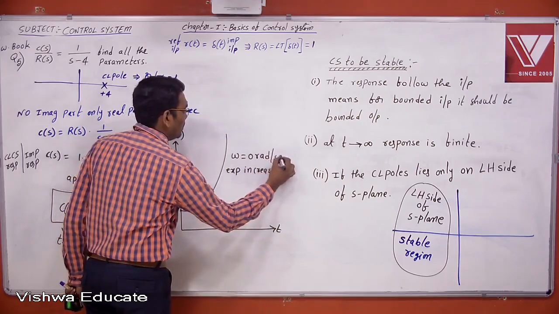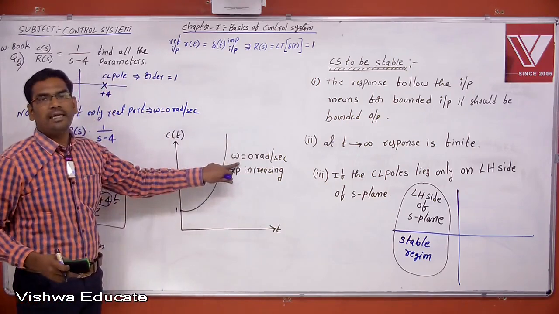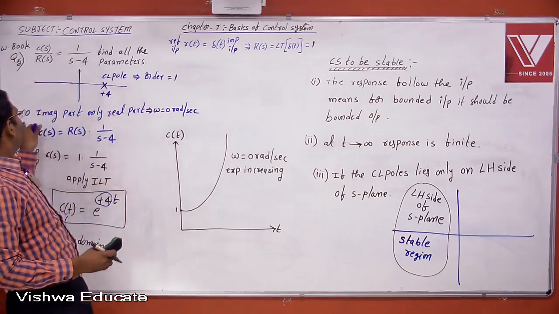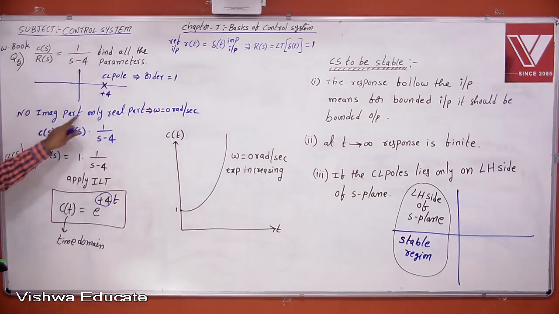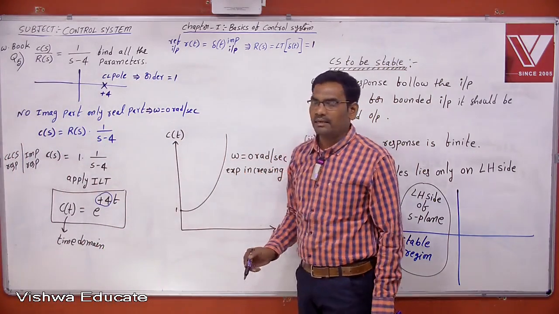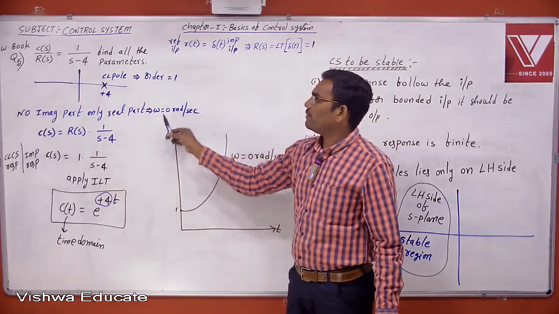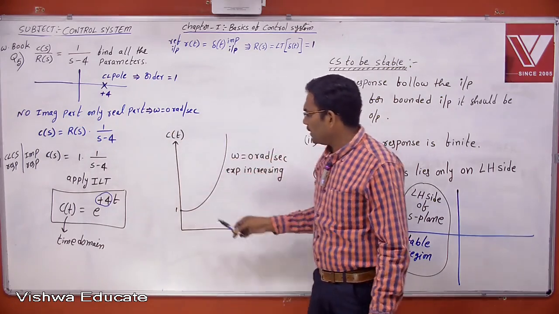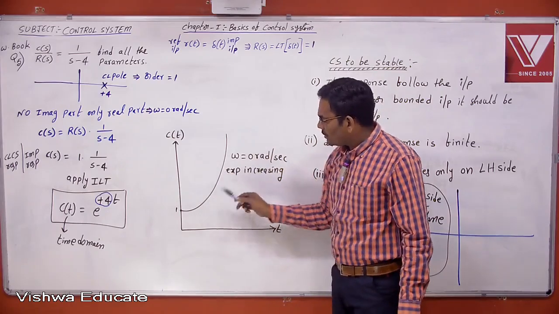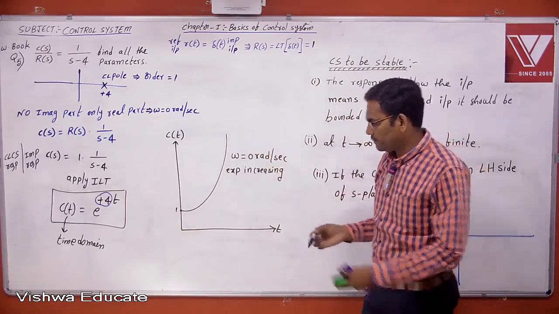From the pole location there is no imaginary part, only a real part, and in the response there are no oscillations. Both are matching, which is correct.